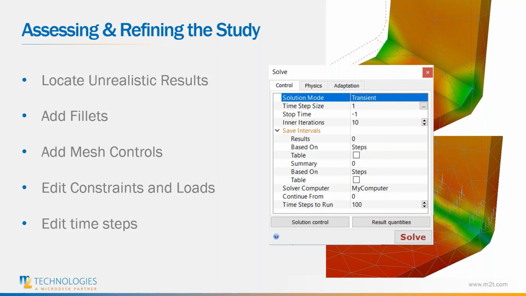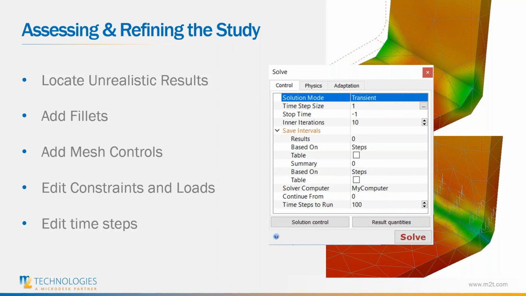Lastly, when working with any kind of transient problem, we can edit the time steps and the iterations to run internally. Running large time steps and few iterations can cause the model not to properly update before the next time step and get inaccurate results.